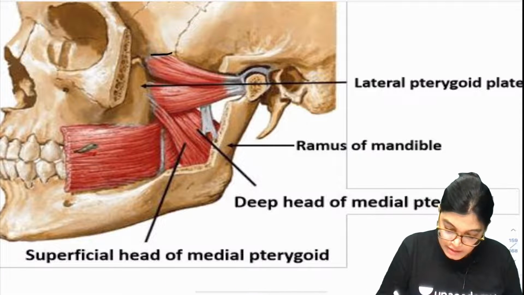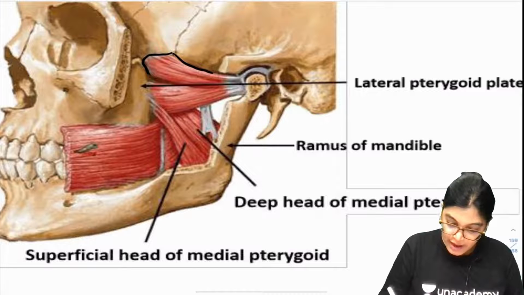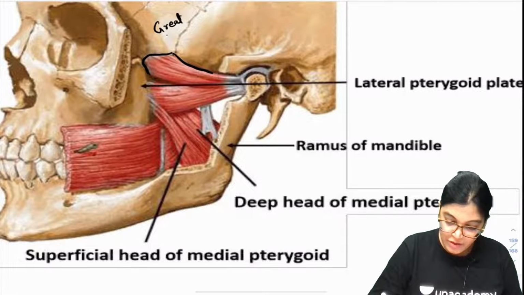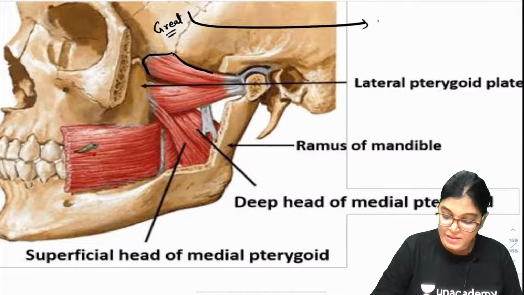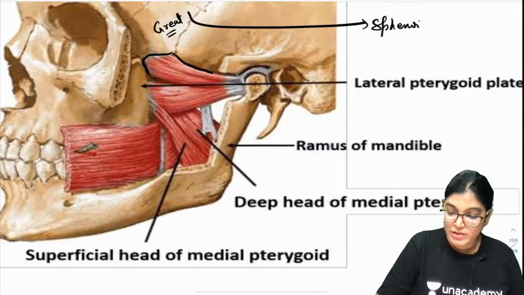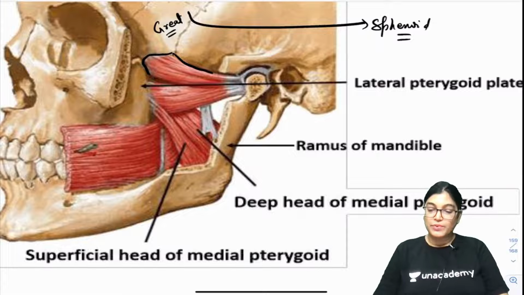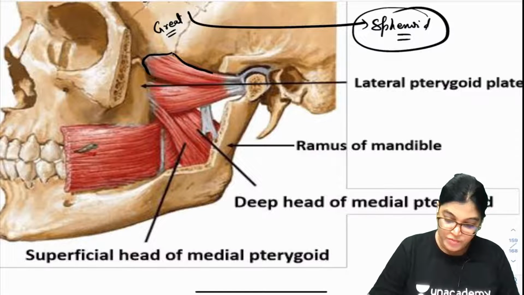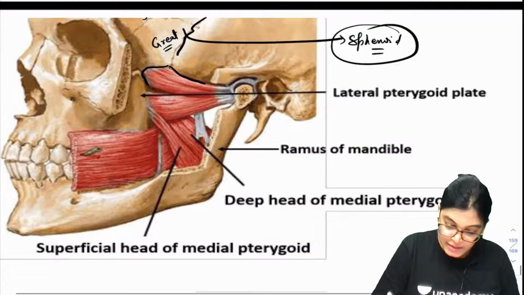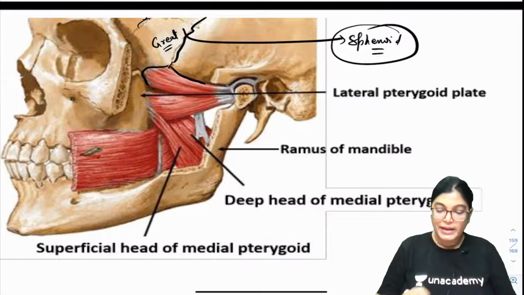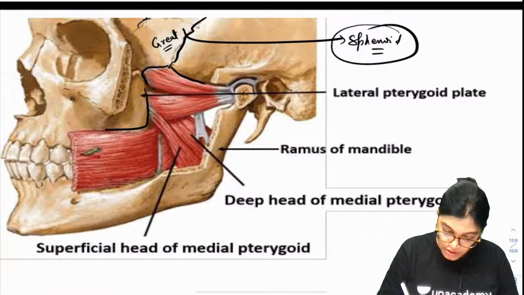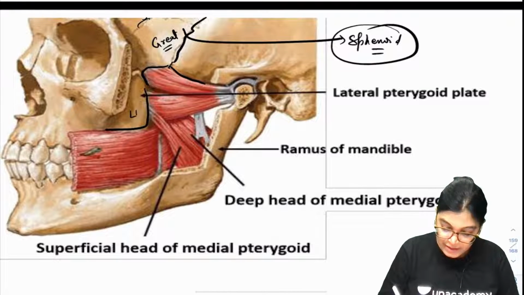Here this is the upper head, and it comes from the greater wing of sphenoid, this bone I am talking about, this is the sphenoid bone. So it originates from the infratemporal surface and the crest of the greater wing of sphenoid. This part of the bone which you are seeing is where the upper head originates. When you see this plate of the bone, a part of it is the lateral pterygoid plate.